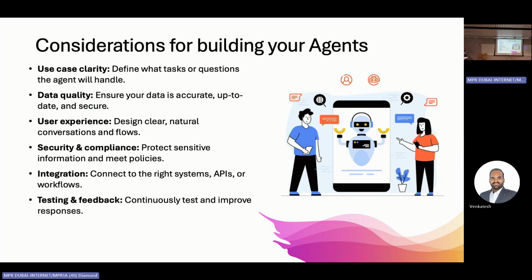Let's imagine we have a third-party system for sales orders, and someone asks the Copilot agent, what's the status of order number this? So we need to get the information from that system using Power Automate and display it in the conversation. If you decide, I'm going to make it simple and use a service account with access to everything, now you're exposing information that potentially the user should not have access to. But it's easier for you to configure, because it's one service account that connects to everything, that's it.